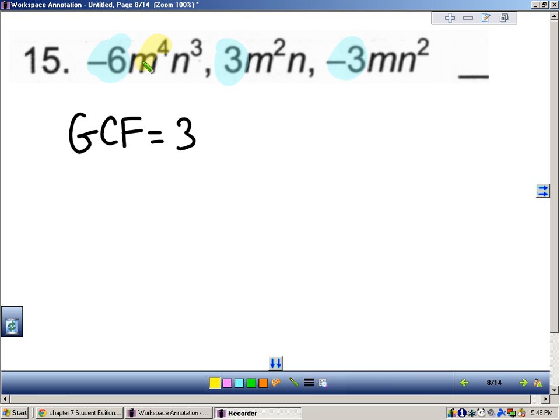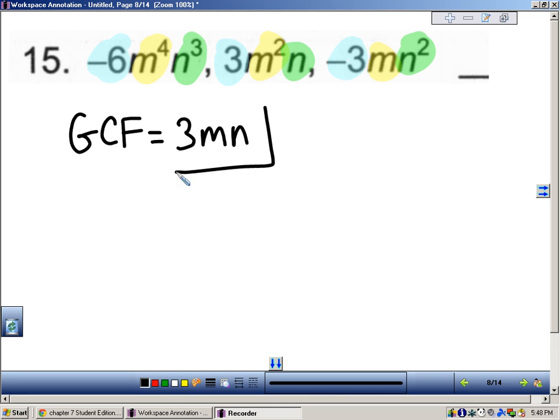It's got m to the fourth, m to the second, and m. The one with the lowest power is, of course, m. And n, is that common to all 3? And I'd like to think so. Here it is. n is the lowest power. So we're making good time looking at these questions. Really good time.